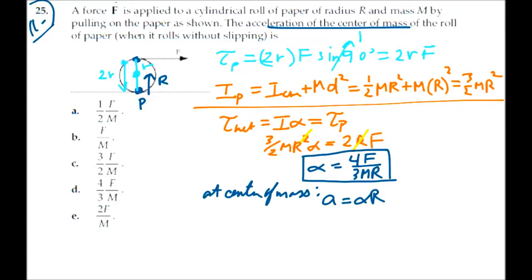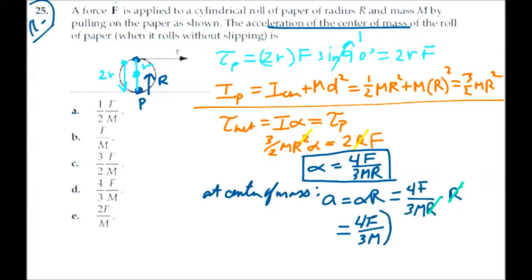So that's going to be equal to 4F over 3mr times r. The r's cancel out, and we get that our linear acceleration is 4 times F over 3m.